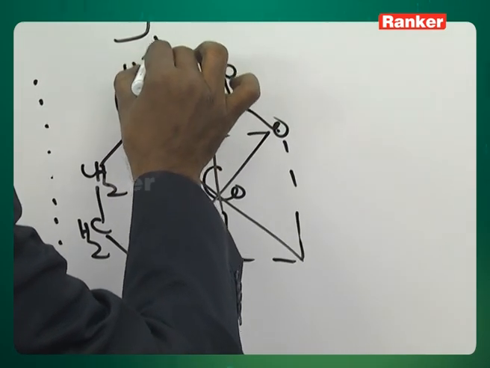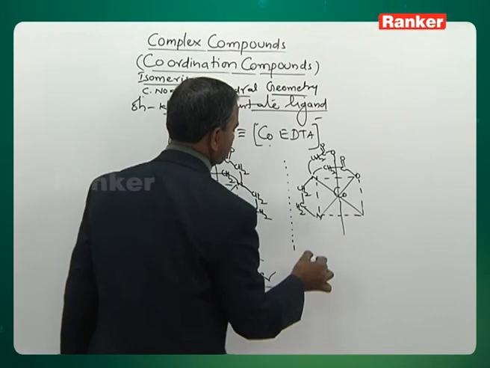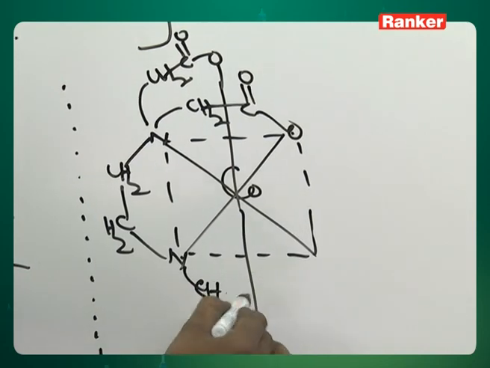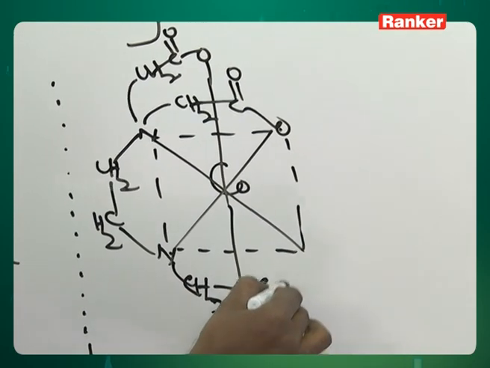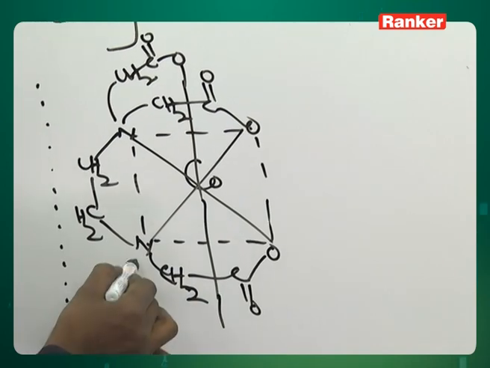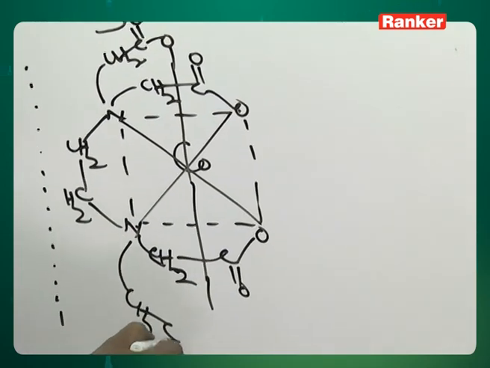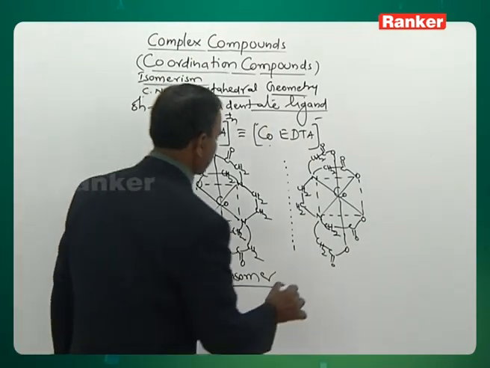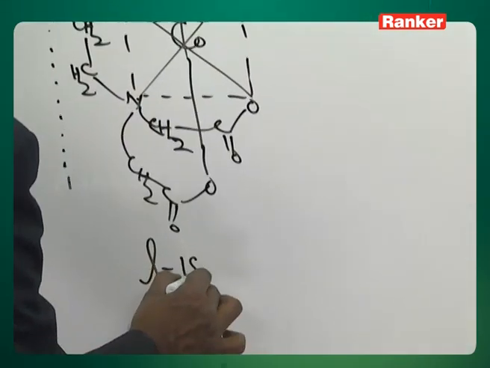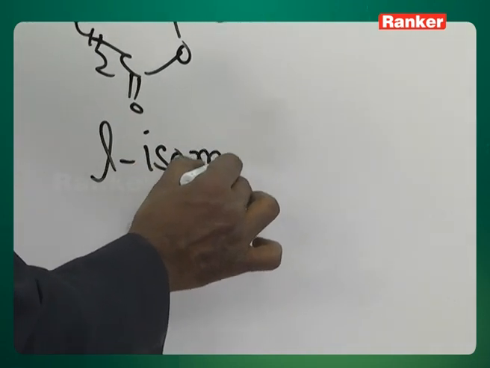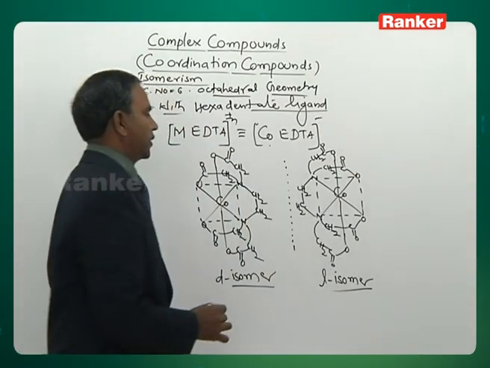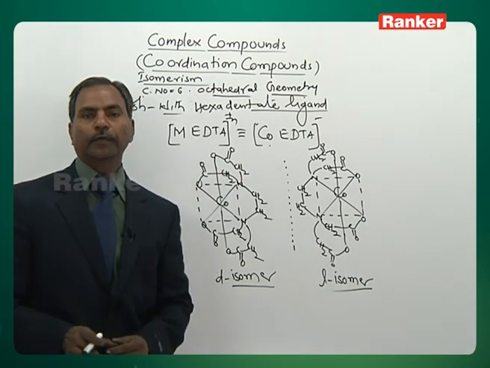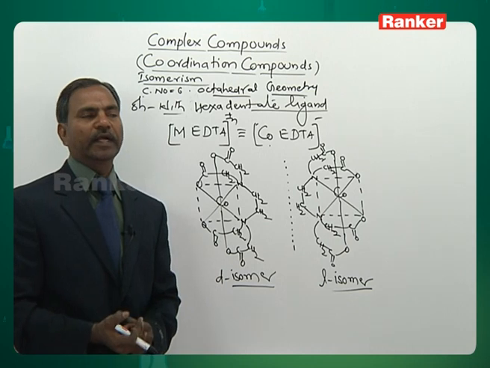CH2 C double bond O. CH2 C double bond O. Next, CH2 C double bond O. One is D isomer, the other one is L isomer. See, the Co EDTA is optically active.